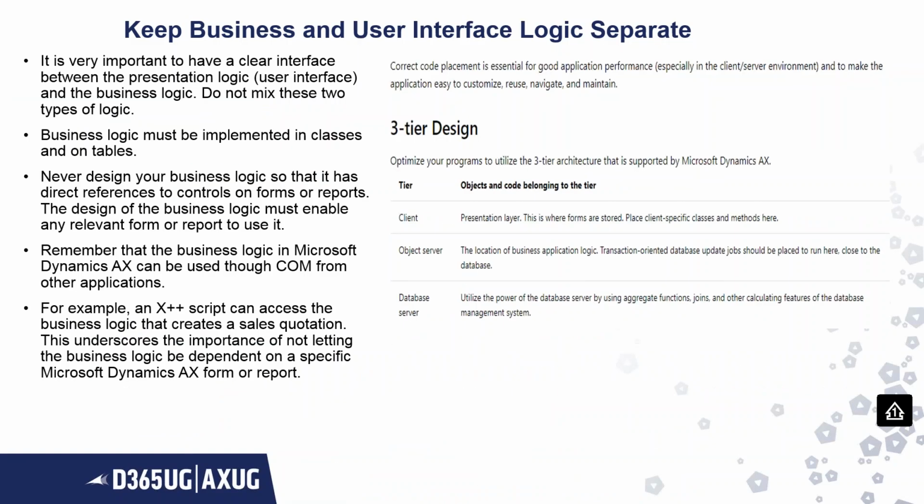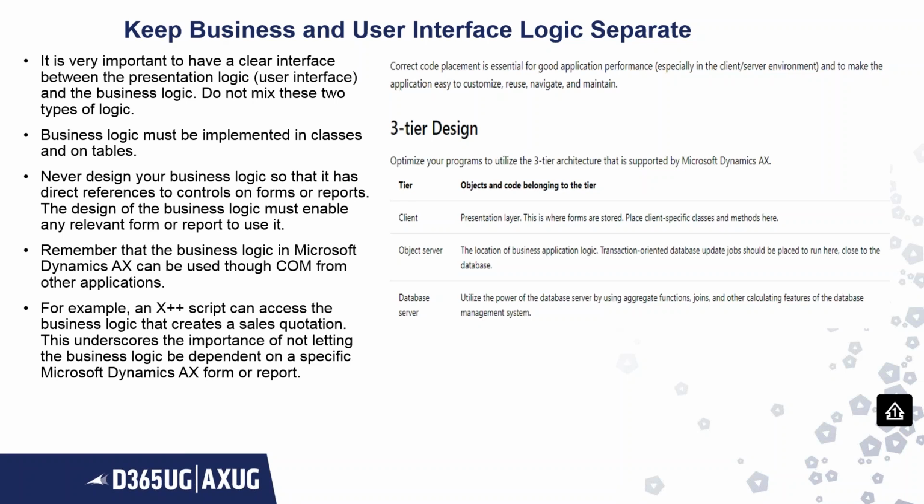So always try to keep your business and user interface logic separate. For example, as I told you, Microsoft Dynamics AX is a 3-tier design system where you have a client, an application object server, that is your AOS, as the second tier, and then a database server.